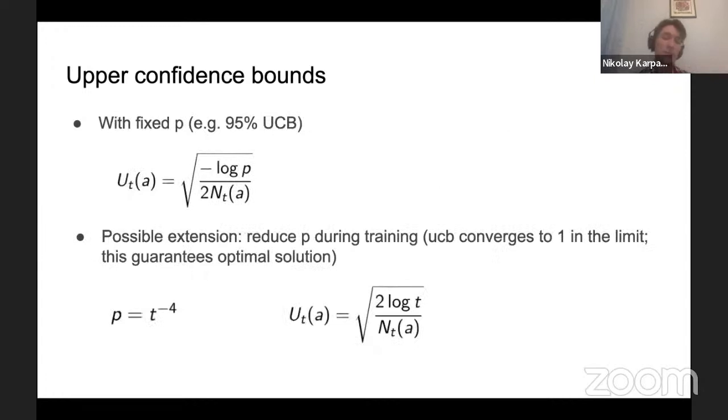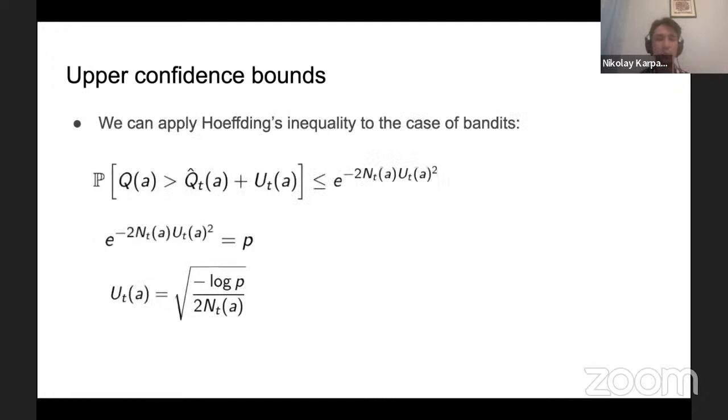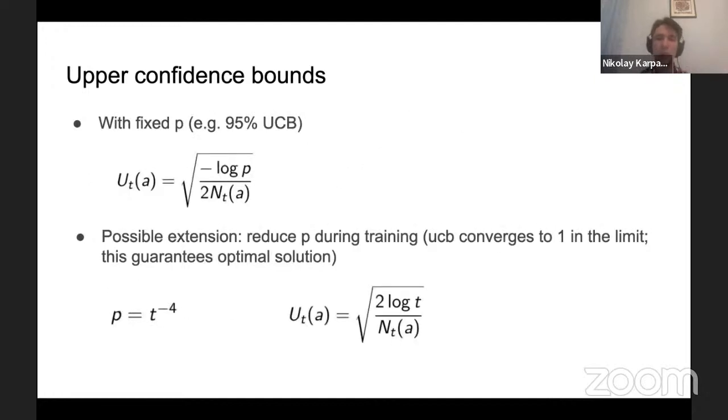So there is a possible extension of this upper confidence bound sampling strategy, which is to reduce p during training. Why do we need it? The idea here is that at the beginning of the training, the uncertainty that we allow for, the degree of optimism, can be high enough to sometimes select not that good actions.